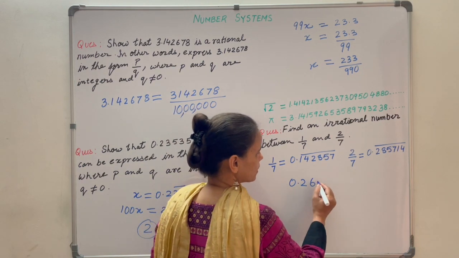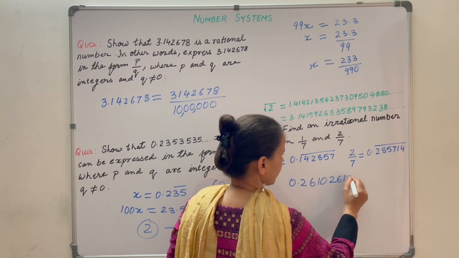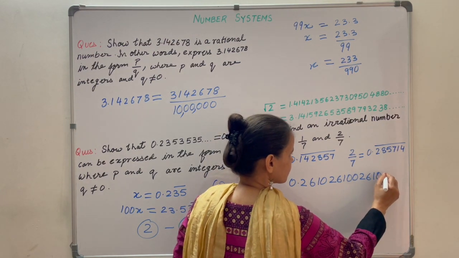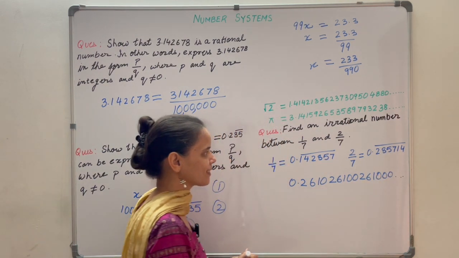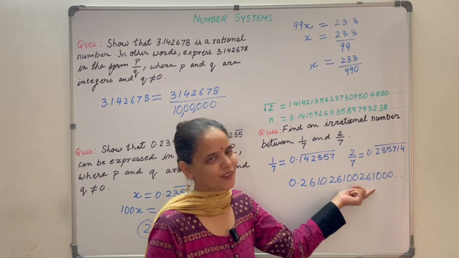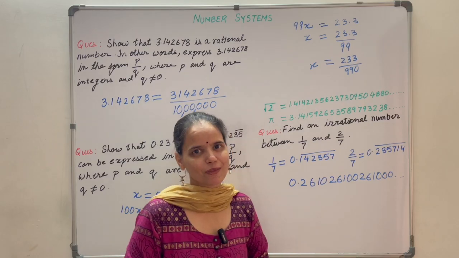So I'll write 1, 0, 2, 6, 1, 0, 0, 2, 6, 1, 0, 0, 0, and so on. You can clearly see that this is non-terminating, non-repeating. Like this, you can write as many irrational numbers as you want.